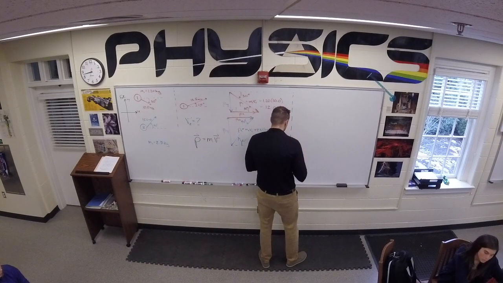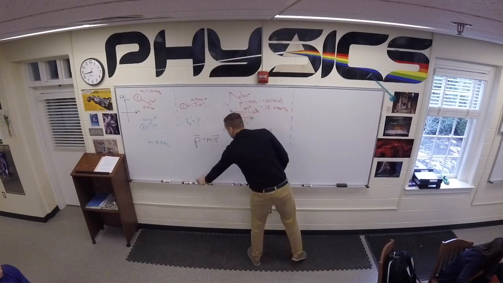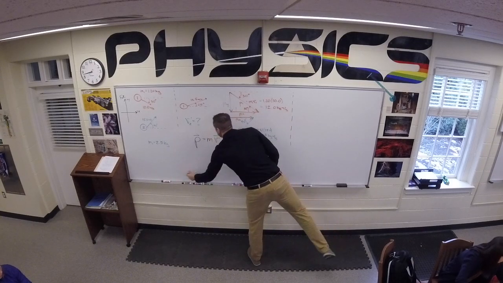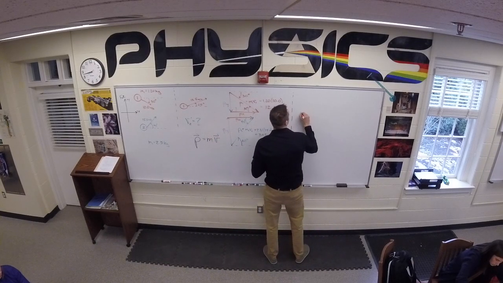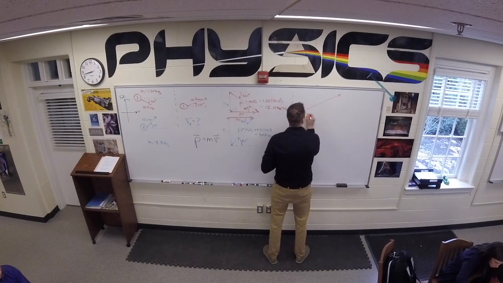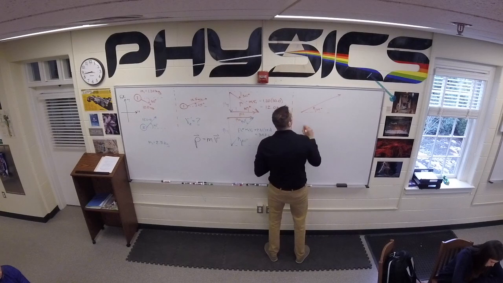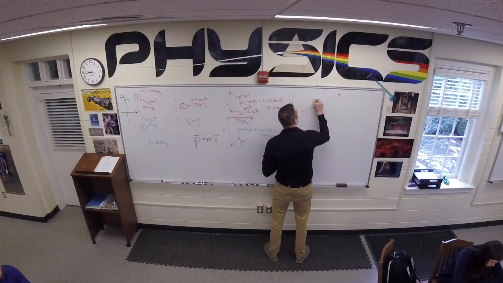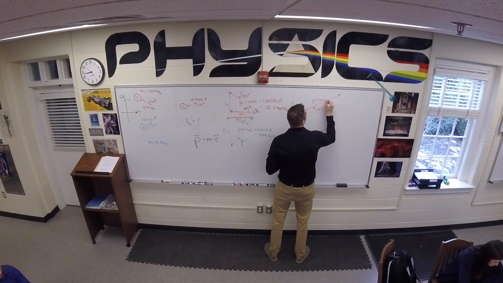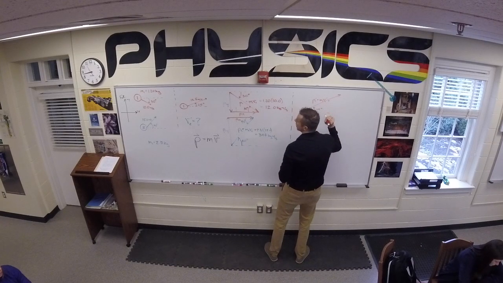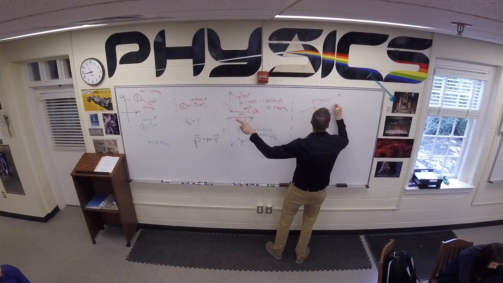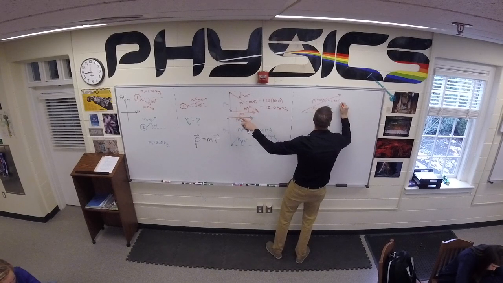Because after the collision, ball number 1 goes on this lower angle of 25 degrees, where this is P1 prime, which is equal to M1 times V1 prime, which in this case, M1 is still 1.20, but V1 prime is now 13.5.